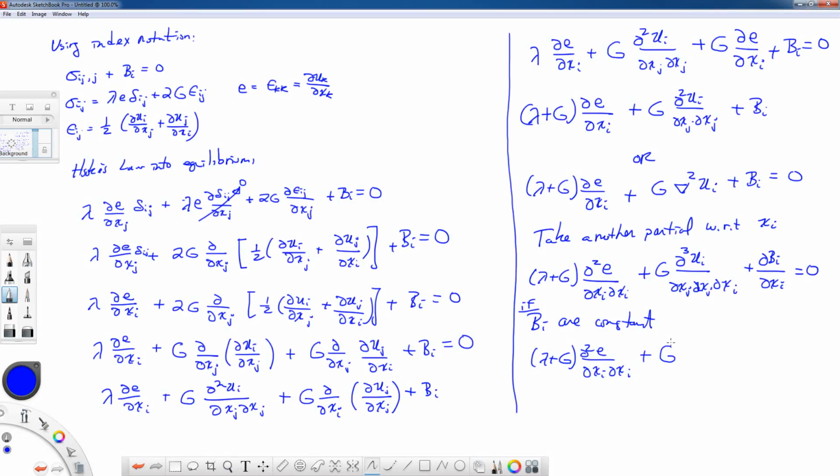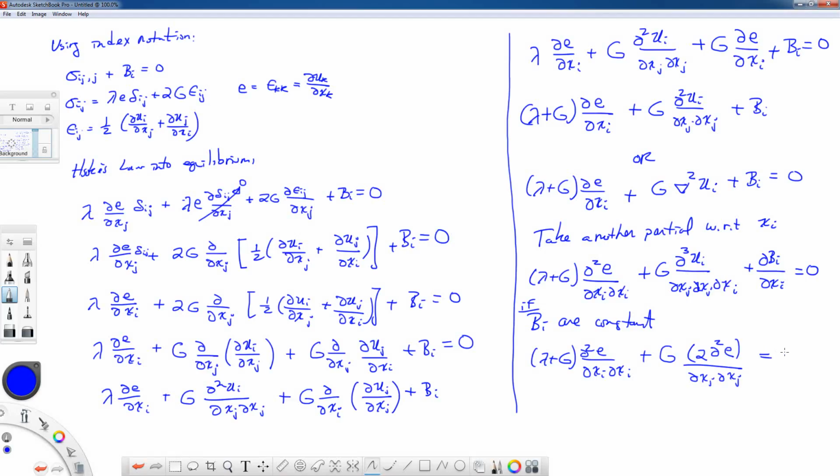If we want, we can change this just a little bit and write this in terms of the trace of the strain tensor. We can have that written as the second partial of the trace in terms of xj and xj.